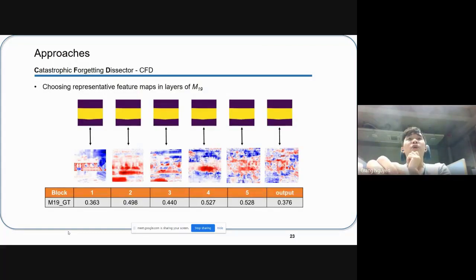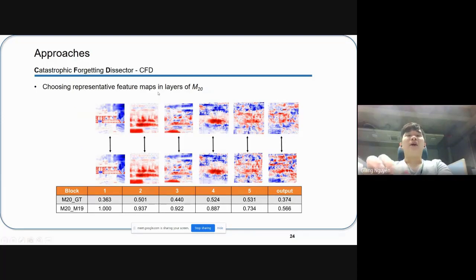So how can I choose the representative feature map in the layers of M19, which is the base model? I compare the result of the network dissection analysis with the semantic segmentation ground truth, and I just pick the feature map having the highest overlap with the ground truth segmentation.